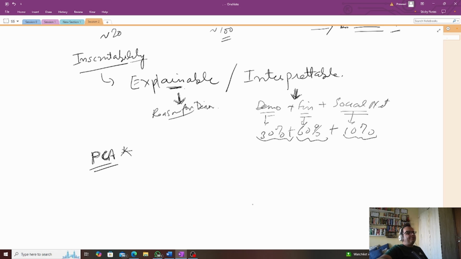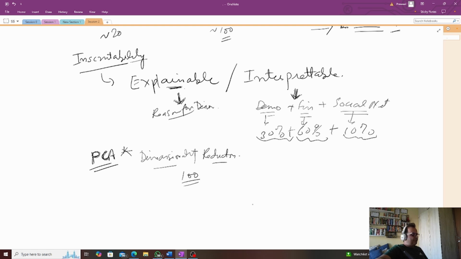But PCA, which is principal component analysis, stands for dimensionality reduction. It is more of a statistical means to reduce the dimensionality for any form of numbers that you give. So let's suppose we have 100 features.